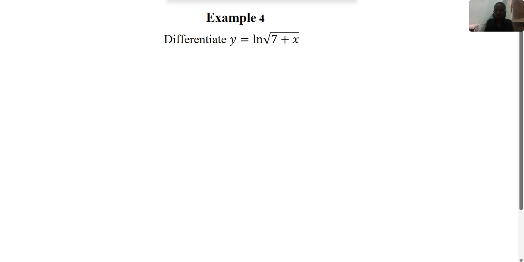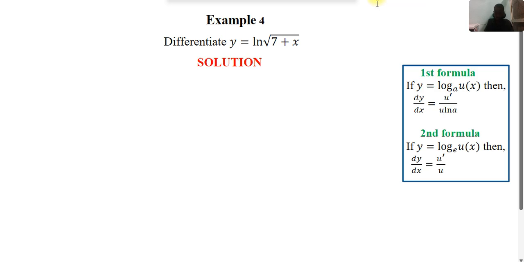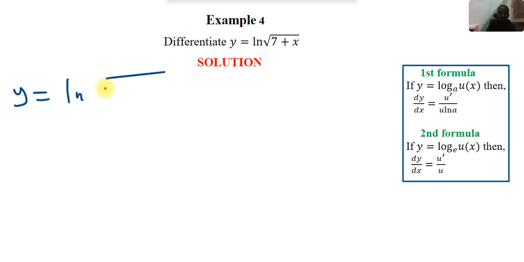So now let's see which one of the formulas that we have is actually suitable in handling this question. Okay, so we have y equals the square root of 7 plus x.